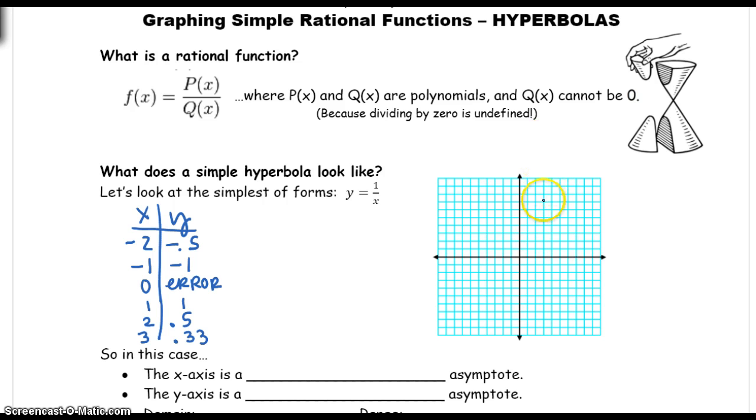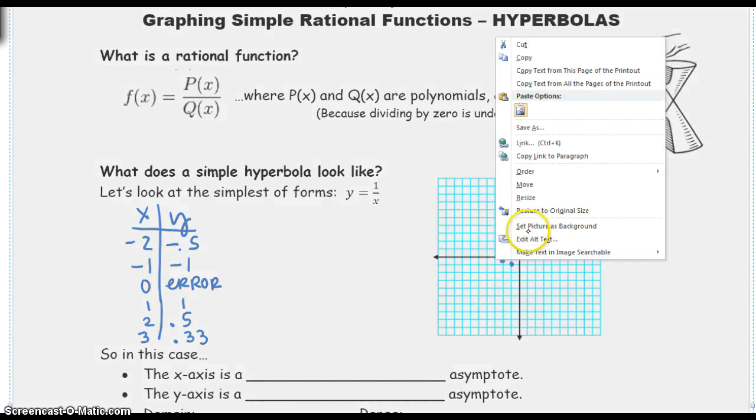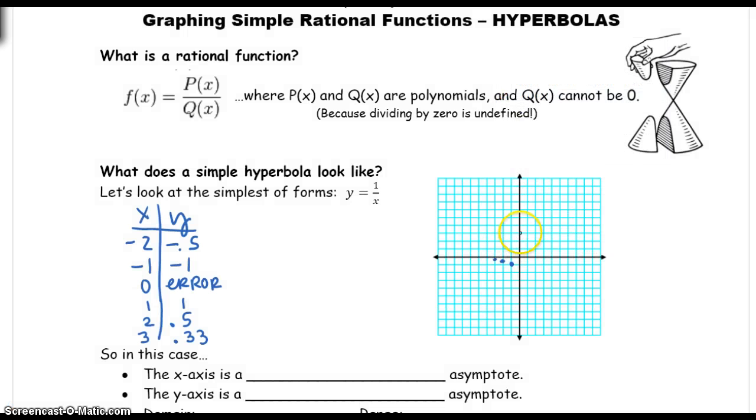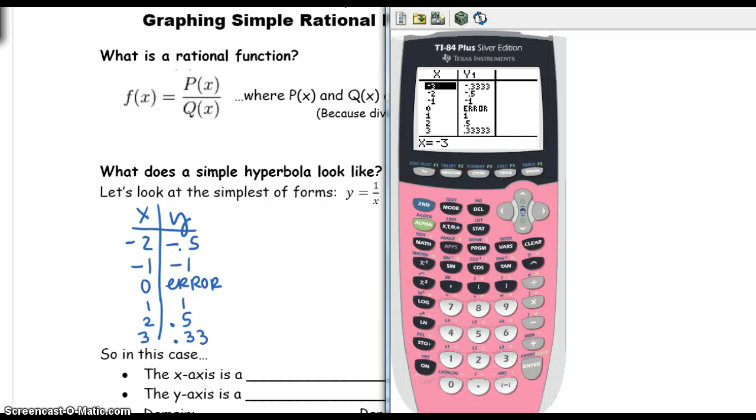Okay, so now that we have that, let's graph it. So -2, -0.5, -1, -1. And I know that this one was on there too. Whoops, right there. And then we'll go over here, 1, 1, 2, 0.5 and 3, 0.33. So this is what is going on there. Let's look at it as a graph.